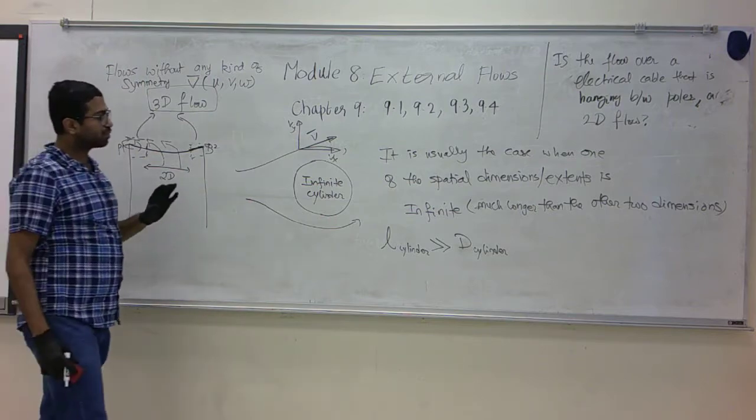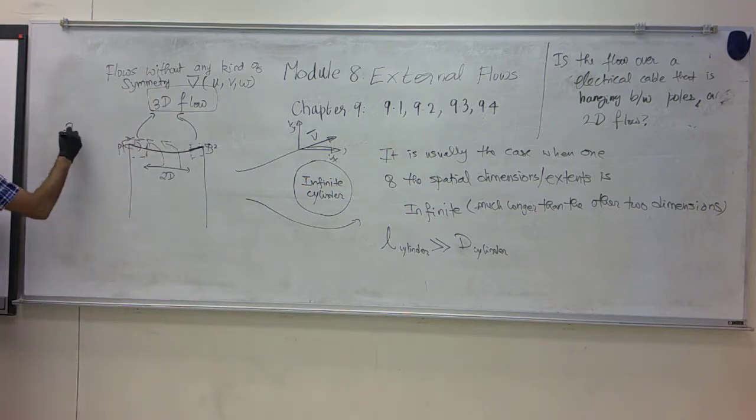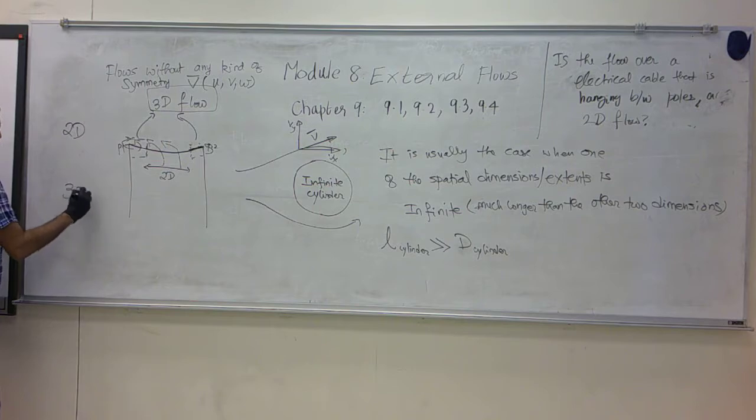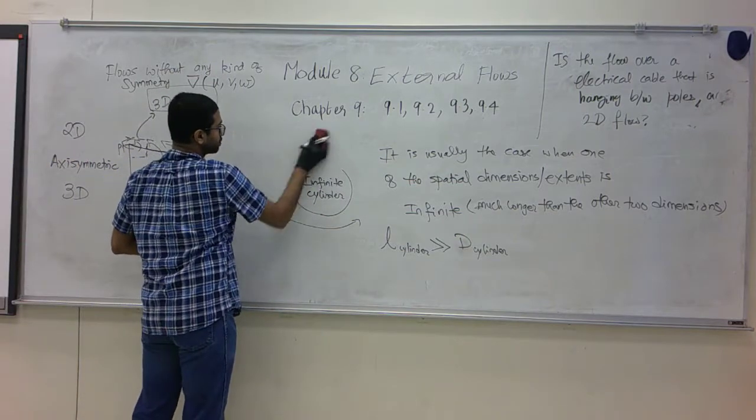Okay. So we talked about 2D, we talked about 3D in figure 9.1. There is also a classification called axisymmetric flows. And what are those?